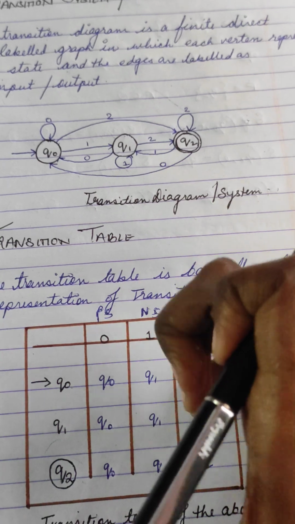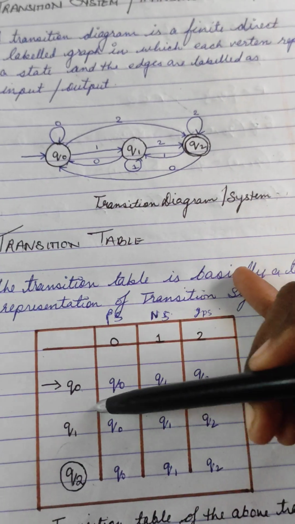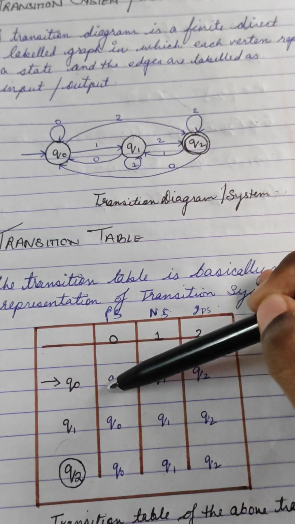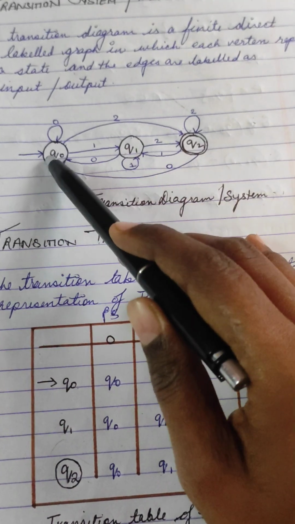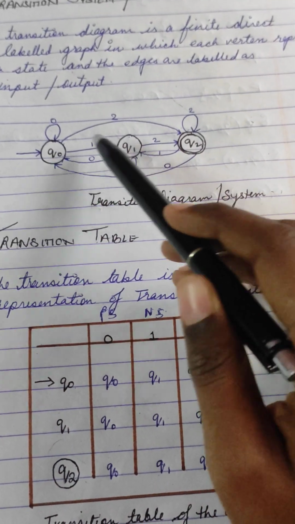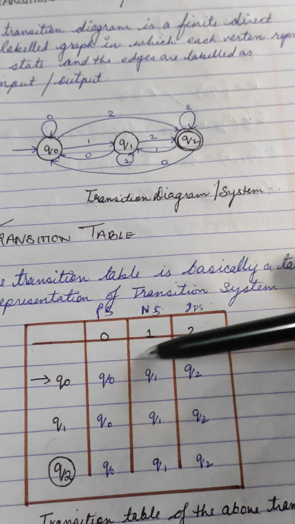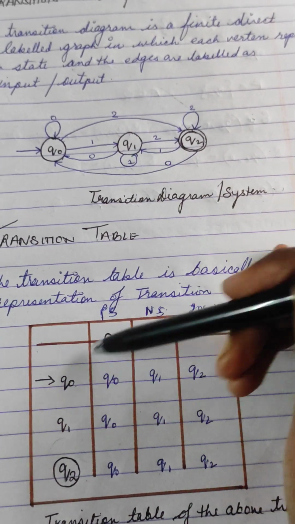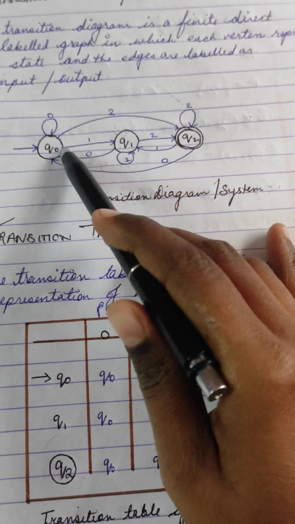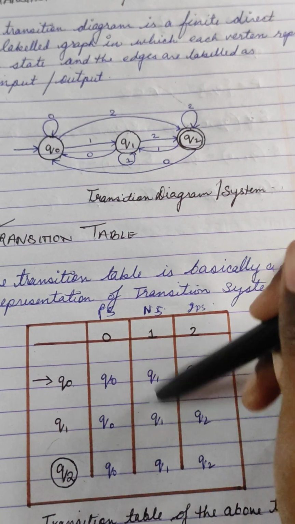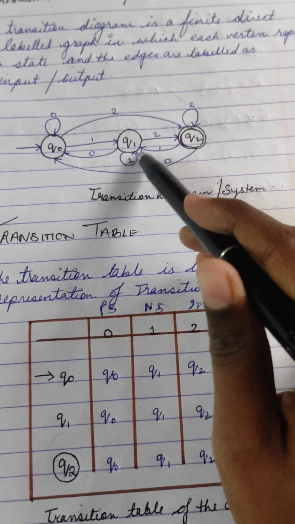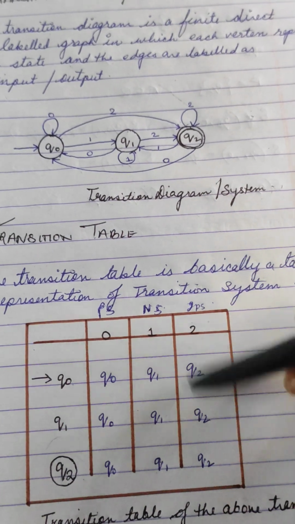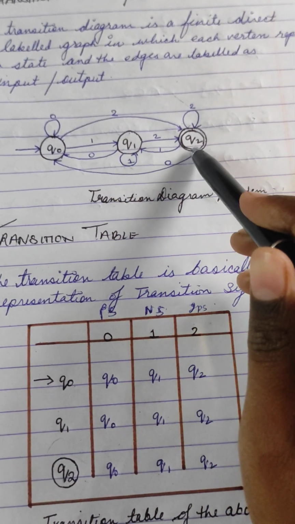Now Q0 with input 0 gives Q0, Q0 with input 1 gives Q1, Q0 with input 2 gives Q2. Similarly, Q1 with input 0 gives Q0, Q1 with input 1 gives Q1, and Q1 with input 2 gives Q2.